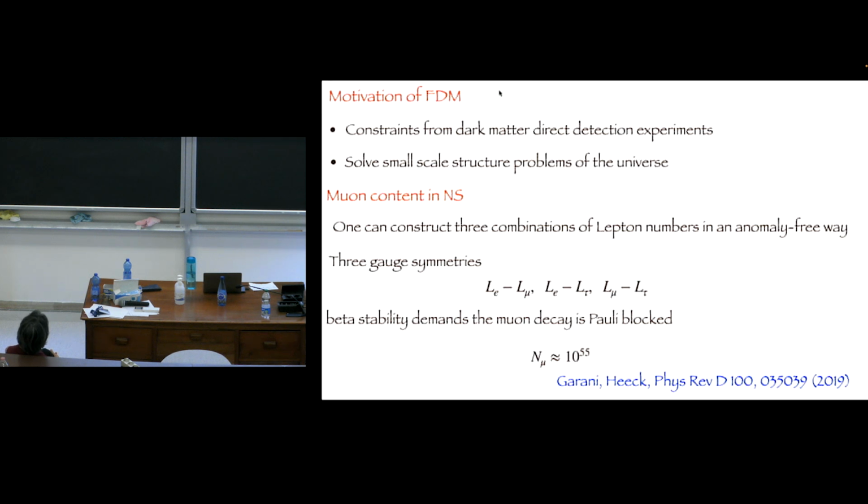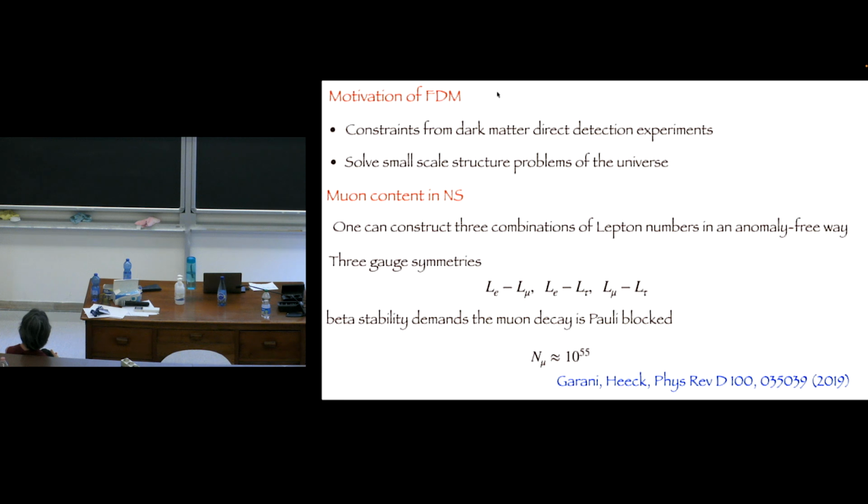Now, as we know, neutron stars, what we are looking at is that this type of particles can be emitted from binary systems. Neutron stars contain nucleons, hyperons as well, and also some muons. If my electron chemical potential is very large, and my electron Fermi energy is much larger than the muon mass, then the muon decay is Pauli blocked, and one can have a substantial amount of muons within the neutron stars.